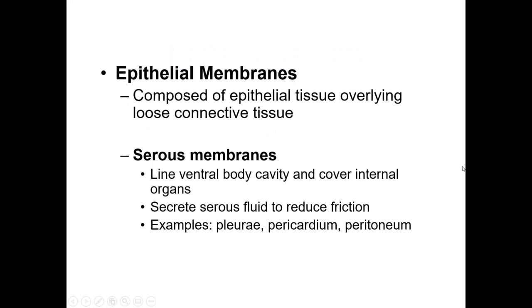Epithelial membranes are composed of epithelial tissue overlying loose connective tissue, and they are what we call serous membranes. They line the ventral body cavity and cover internal organs. They secrete serous fluid to reduce friction, such as in the pleural, the pericardium, and the peritoneum.